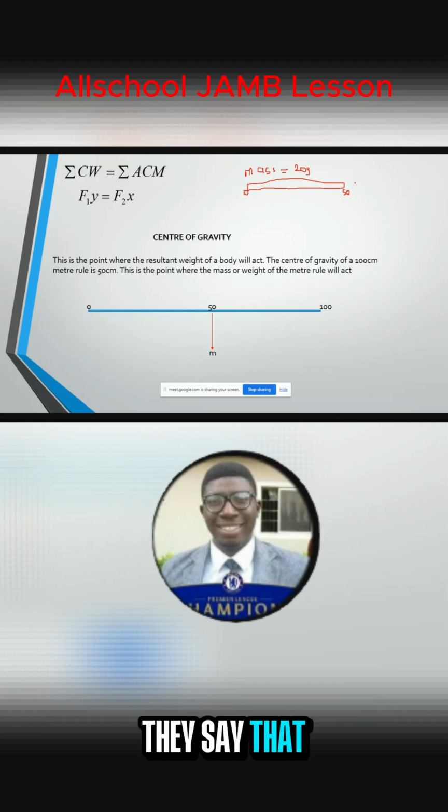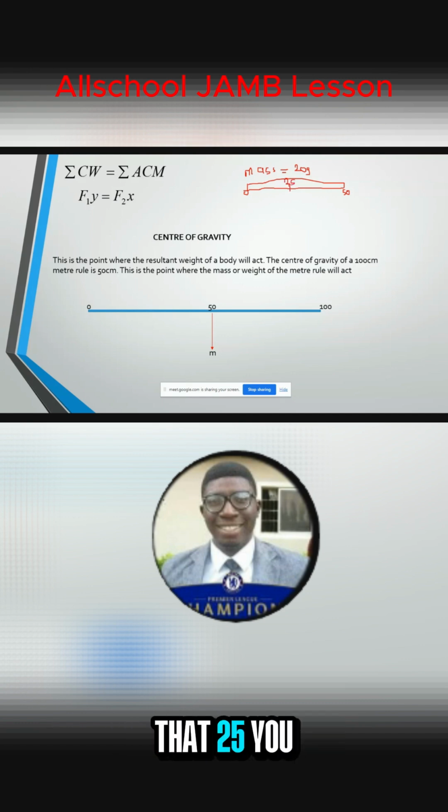They say that the resultant mass or the resultant weight of a body will act at its center of gravity. So if you are given the mass of a meter rule and they say that that meter rule is 50 cm, the first thing you will do is to move to that center, which here is 25.